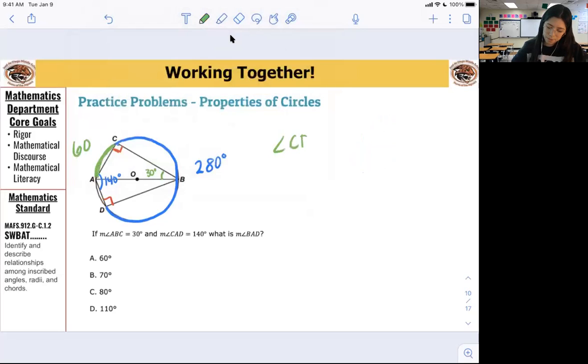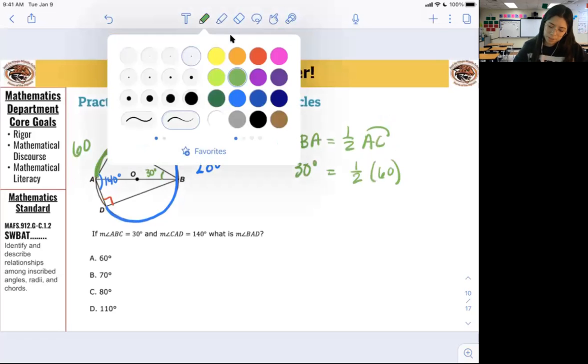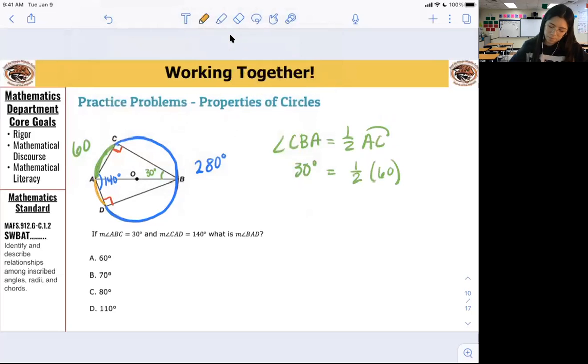Because angle CBA is 1/2 of arc AC. 30 degrees, 1/2 of 60. The remaining portion: take it away from 360. 360 minus 280 plus 60. 360 minus 280 plus 60 is 340. 360 minus 340, 20.